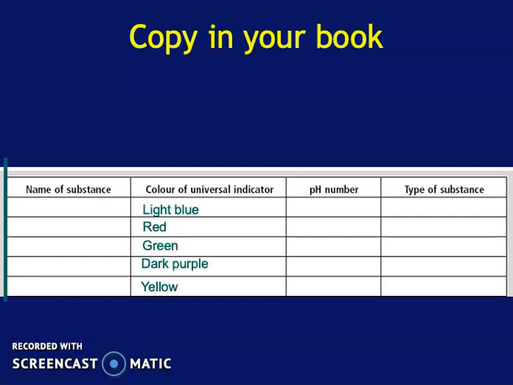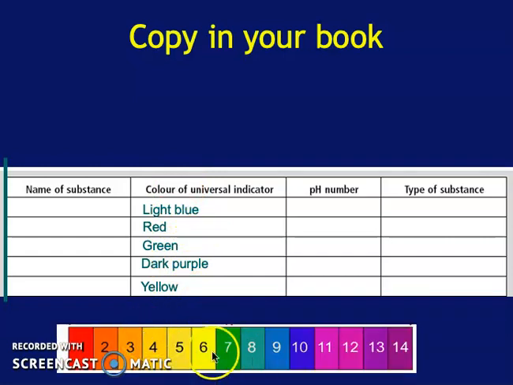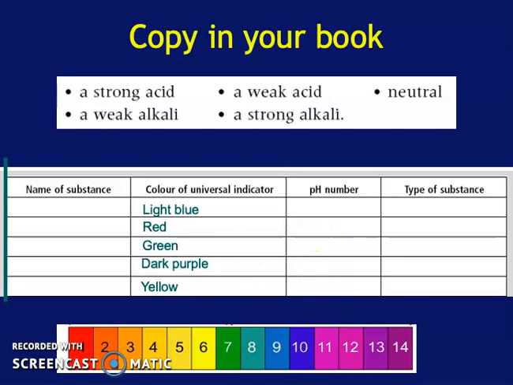Okay, so once you have this in your book, you are going to put these colors into your table like so. So light blue, red, green, dark purple, and yellow. And you're going to use this, and you're going to decide on what pH number you would give for light blue, for red, for green, for dark purple, for yellow. You're also going to use these words and put them under here. So these refer to type of substance.